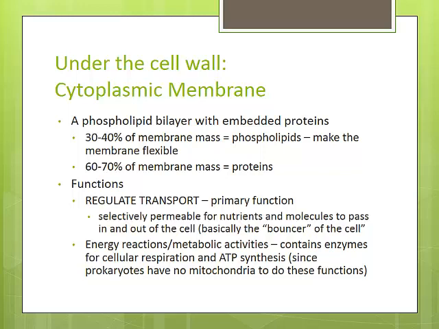So it's just regulating what's coming in and out of the cell, and that's important because you don't want everyone coming in at one time, you don't want everyone leaving at one time. It also deals with some energy reactions and metabolic activities. That's more of a side function. It contains enzymes for some types of metabolic processes that we'll talk about later on this semester, but primarily its function is to regulate transport.